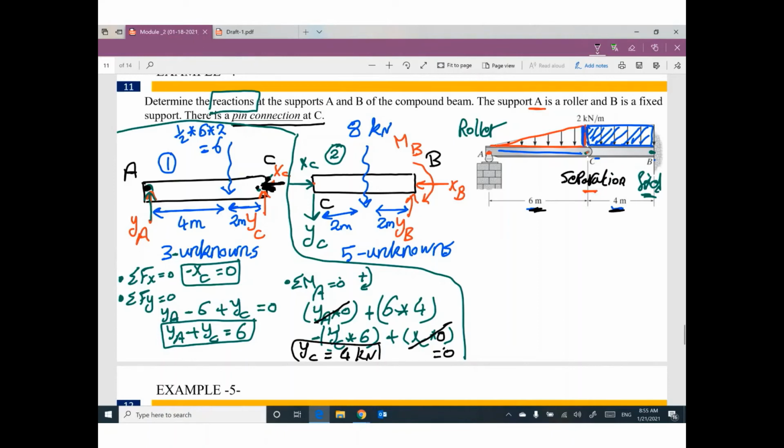If you go back and put YC equal to 4, I can say YA equals 2 kilonewton. So finally, YA equals 2, YC equals 4, XC equals 0.